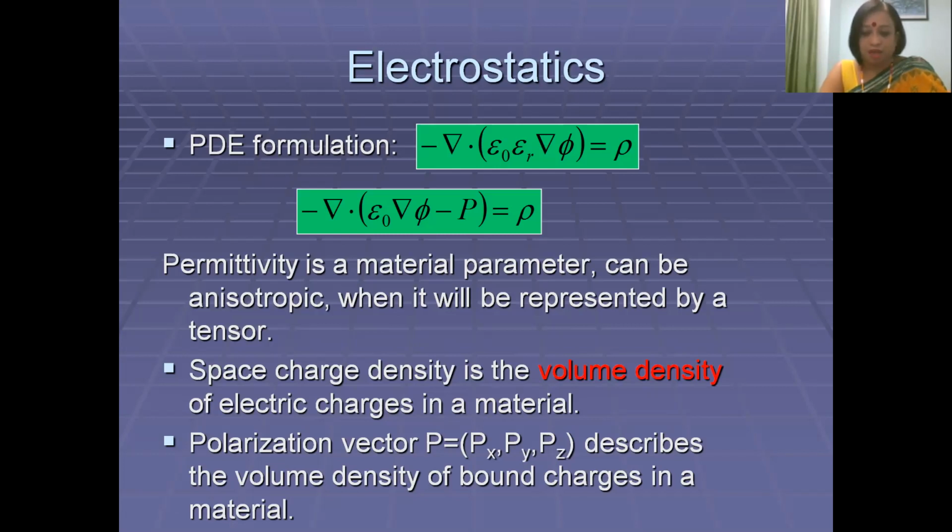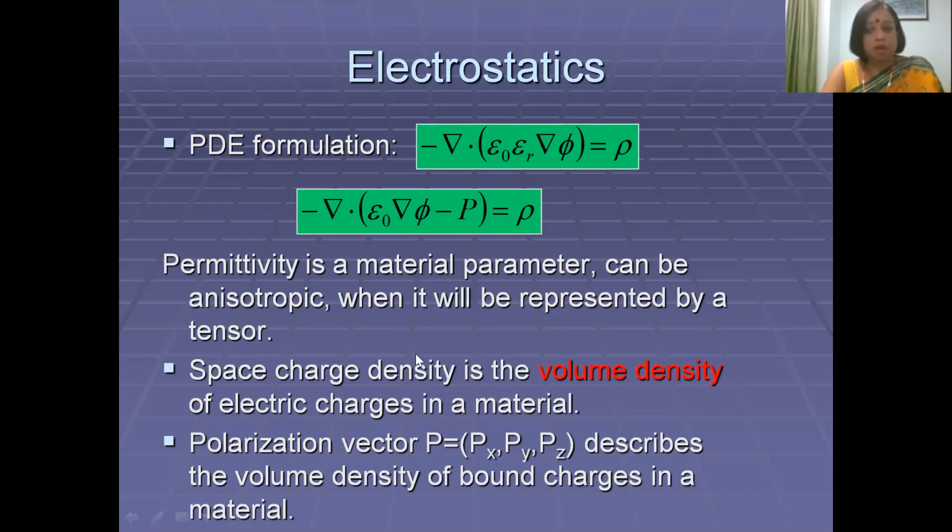Most of you have, I think, oh no, we did not discuss polarization, or did we, in the course? Never mind. I can describe it again. So the point is that the polarization vector describes the volume density of bound charges. Rho describes the volume density of free charges. Permittivity takes into account the effect of bound charges. So as I have mentioned to you before, you do not need to account for P and epsilon naught together.